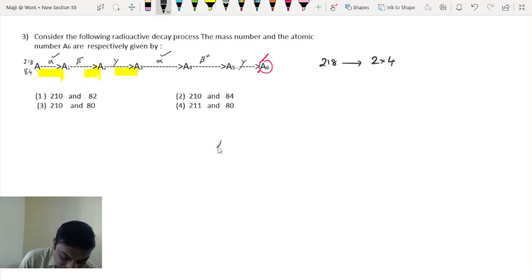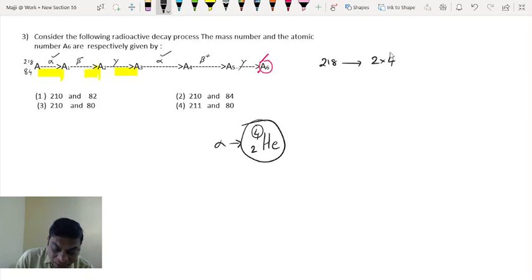Remember, what is an alpha particle? An alpha particle is nothing but a helium nucleus. So the mass number decreases by 4 corresponding to each alpha decay. Altogether there are 2 alpha decays, so it will deduct by 8. So the new mass number will be 210.